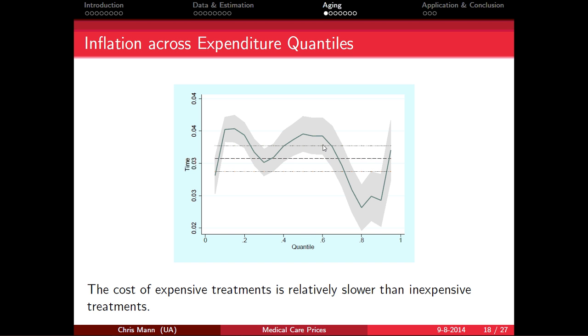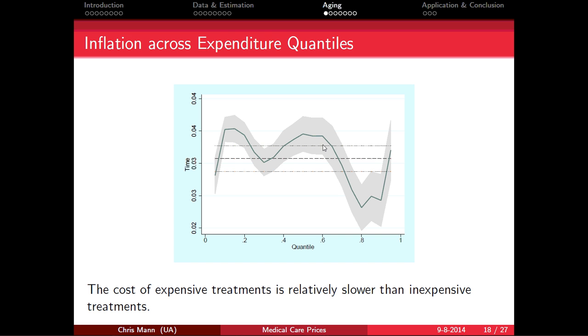It's only when you get to the expensive treatments, the top 20-25% in terms of expense, the ones involving hospital expenditures, outpatient procedures, and stays at the hospital, that you're really seeing the inflation rate be pretty low. And so the cost of expensive treatments is growing relatively slower than those of inexpensive treatments.